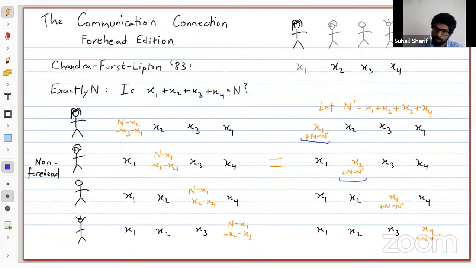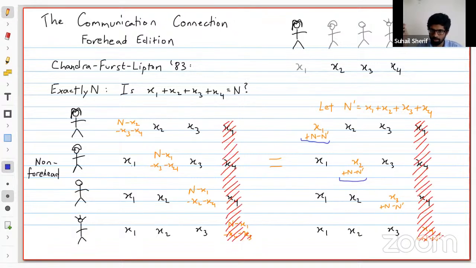The second step of the protocol is to ignore, say, your last input. This is a completely reversible process. If you've ignored it, you can bring it back just by knowing that the sum of all your inputs is equal to n. So these two steps do not change any of the information that anyone has. It's exactly the same problem as the original problem.